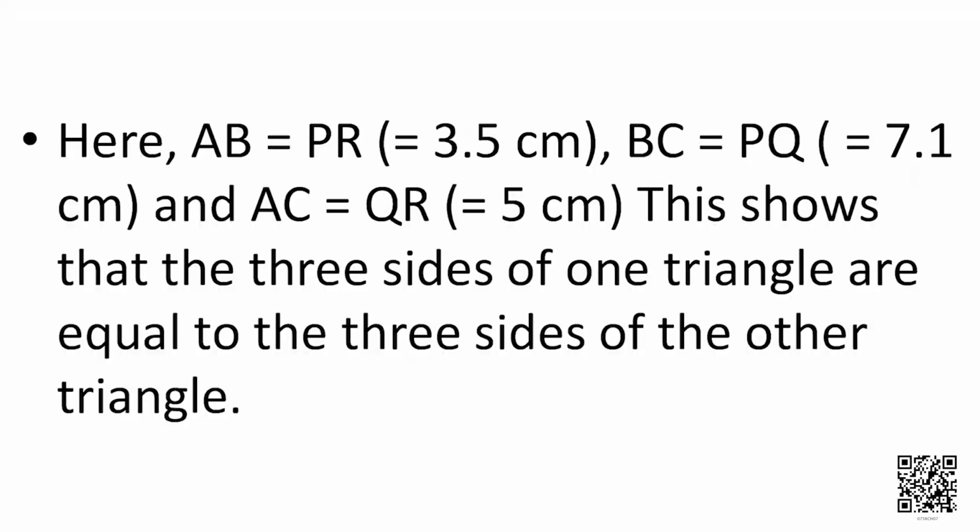So the solution of this question can be: AB is equal to PR, that is 3.5 cm, which is given to us. BC is equal to PQ, that is 7.1 cm, and AC is equal to QR, which is equal to 5 cm. So this shows that the three sides of one triangle are equal to the three sides of the other triangle.